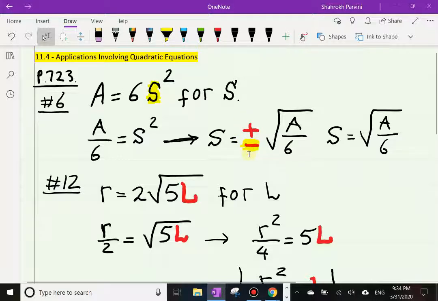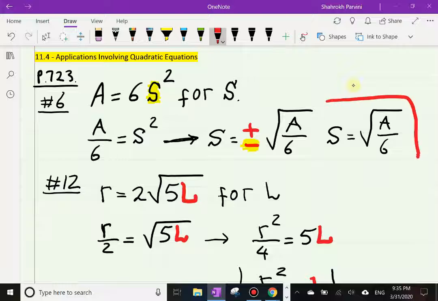Now, because in applications negative answers are often meaningless, we're just going to discard them. I dropped the negative and kept the positive square root, and that's going to be our final solution for this one. So we were able to solve for s.